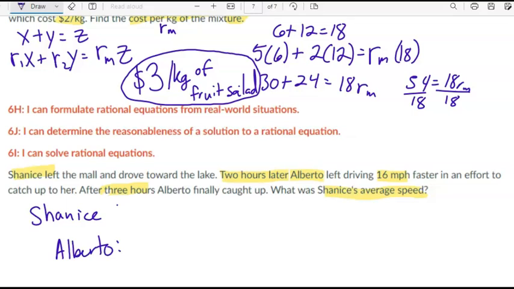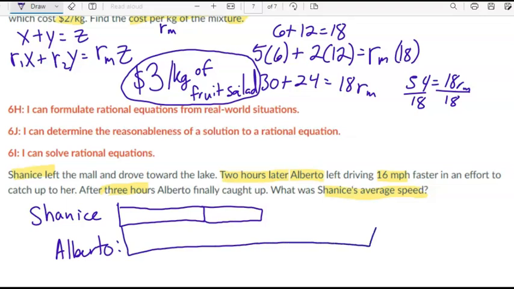So for Shannis, it looks like she went for 2 hours. And then after that, that's when Alberto started leaving. It took him 3 hours to catch up. So if it took 3 hours to catch up, that means that she was going for 3 more hours here.